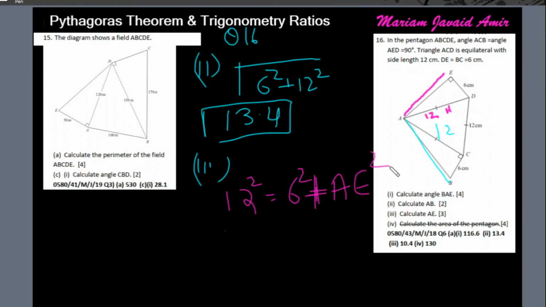Make AE the subject. 12 square minus 6 square under root equals AE. So 12 square minus 6 square, under root, answer is 10.39. So that is 10.4.